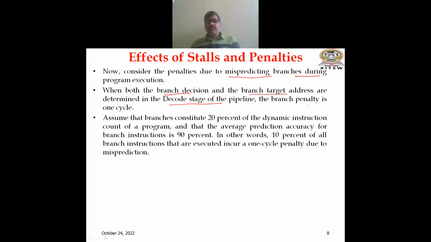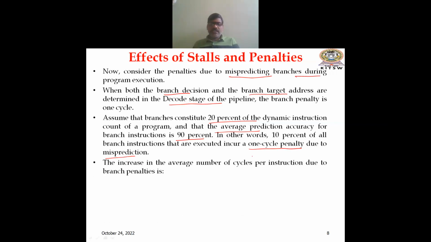Assume that branches constitute 20% of the dynamic instruction count of a program and that the average prediction accuracy for branch instructions is 90%. In other words, 10% of all branch instructions that are executed incur one cycle penalty due to misprediction.